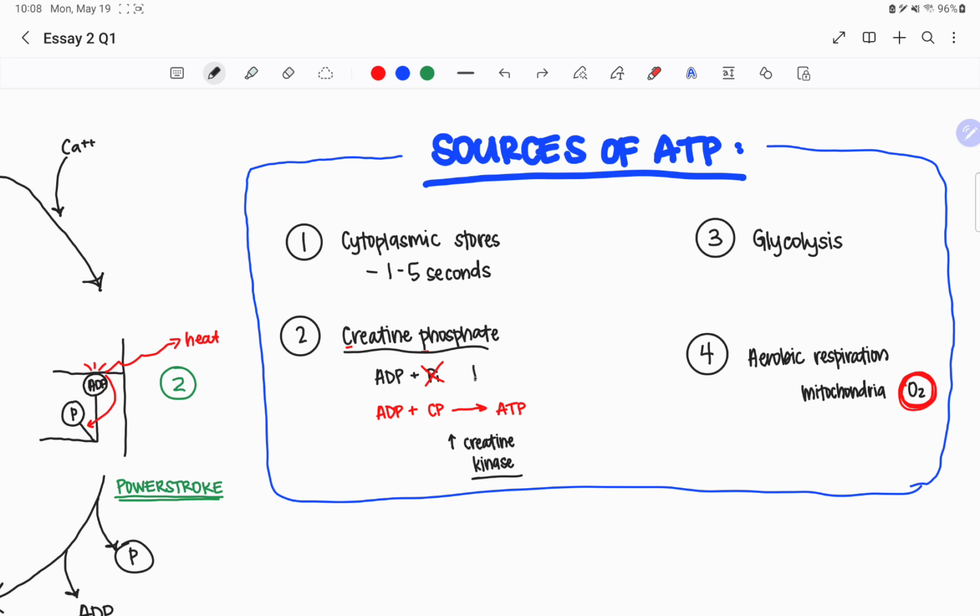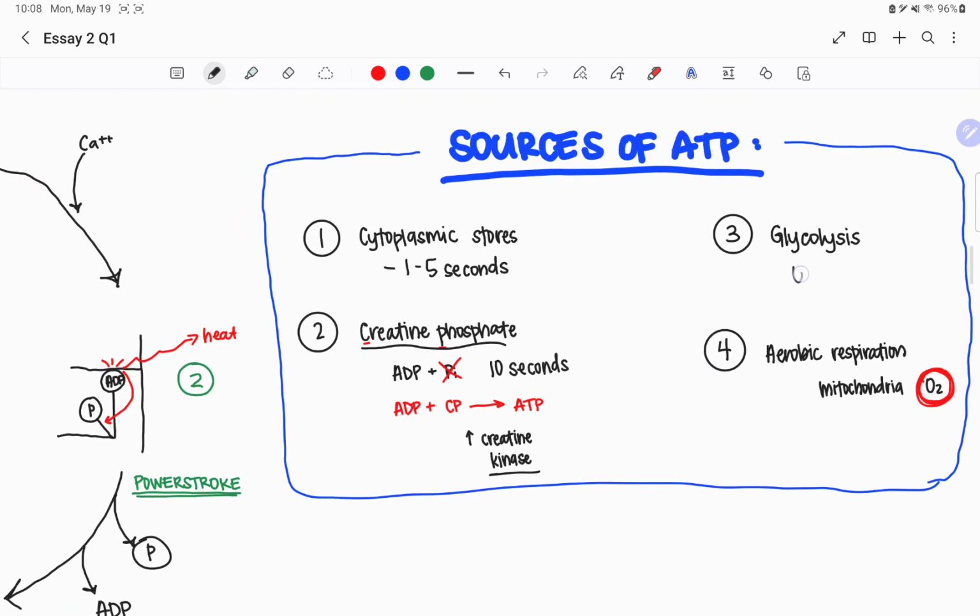So we get about 10 seconds of use out of our creatine phosphate source. Glycolysis, we're going to get about 60 seconds. So you're going to get about a minute of use out of glycolysis. So quite a bit more than our cytoplasmic stores and our creatine phosphate, right? However, once that 60 seconds is up, we're kind of gassed, right?